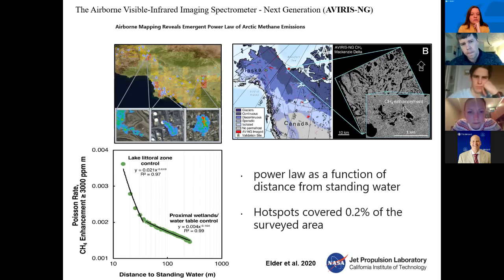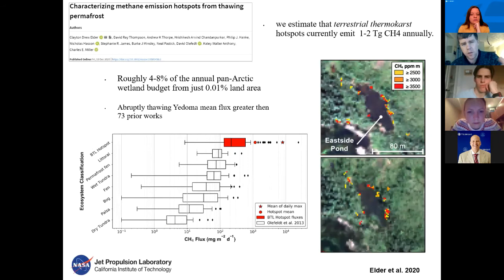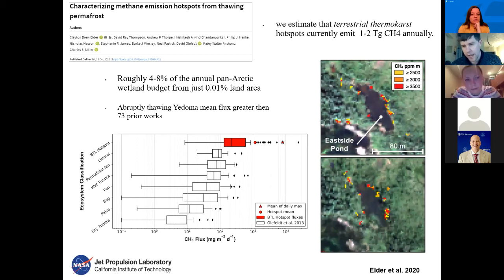This is a paper we just submitted, it's under review, but you can download the preprint right now, where we characterize these hotspots surrounding thermokarst lakes. And what we find is that even though these hotspots only represent 0.01% of the land area in Alaska, they make up 4 to 8% of the global Pan-Arctic wetland budget.